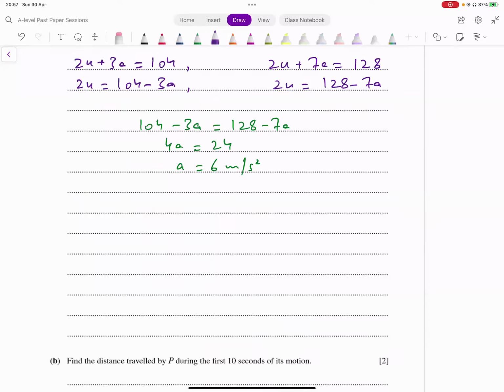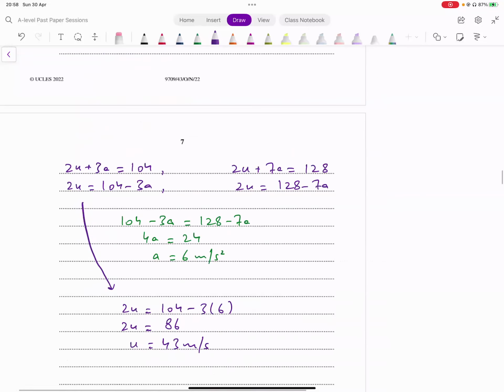To find the value of u, let's input here 2u equals 104 minus 3 times 6, right? And that gives us 104 minus 18, which is 86, and u equals 43 meters per second. That is what we were looking for here.